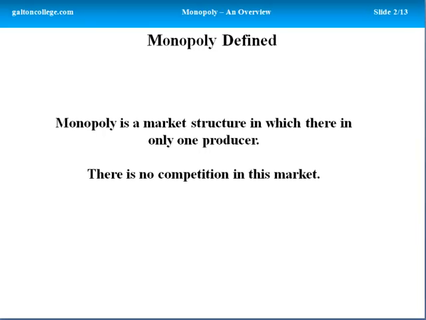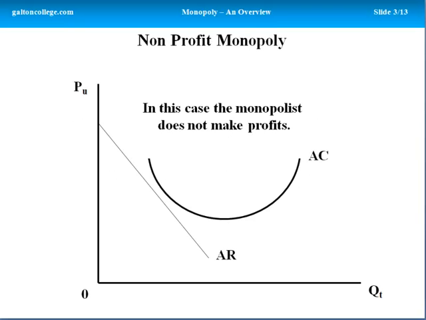So let's start with a very unusual position, a non-profit monopoly. In this diagram we have average costs. These are short-run average costs, which are U-shaped. We assume that the average cost curve is U-shaped because of the law of diminishing returns.